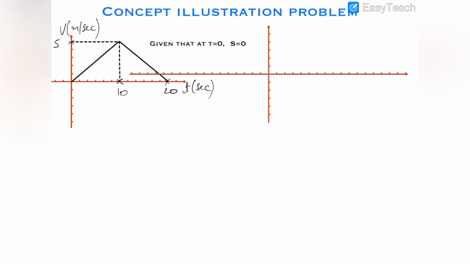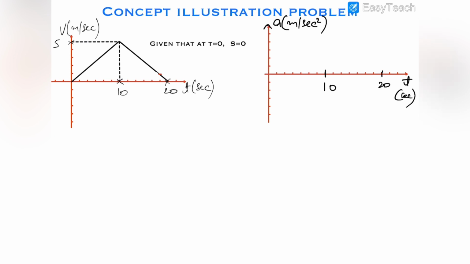So you can see that this is an AT graph, where A is in meters per second square and T is in seconds. We have to draw the time coordinates the same. So this is 10 and this is 20. Okay, so let us draw it the same.